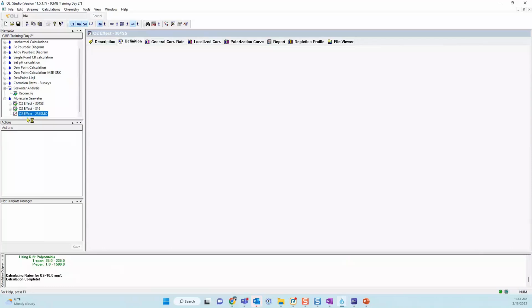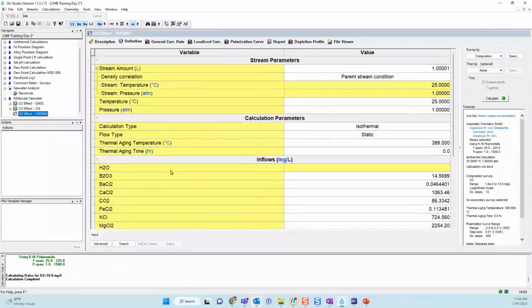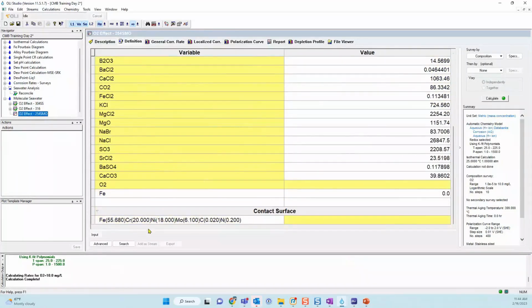I just want to see what is different in these alloys. So for example, the 254 SMO has less iron. Now instead of 71, it has 55.68. It has more chromium. It has 20% chromium compared to 19. It has more nickel, which is 18%.